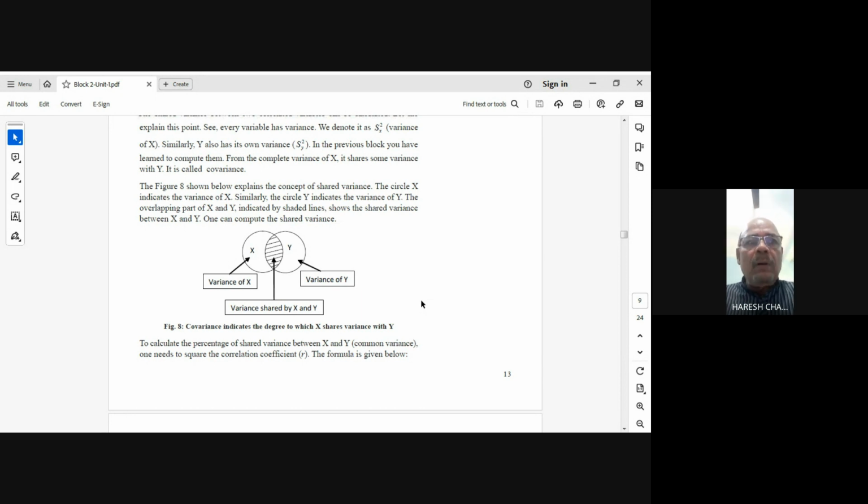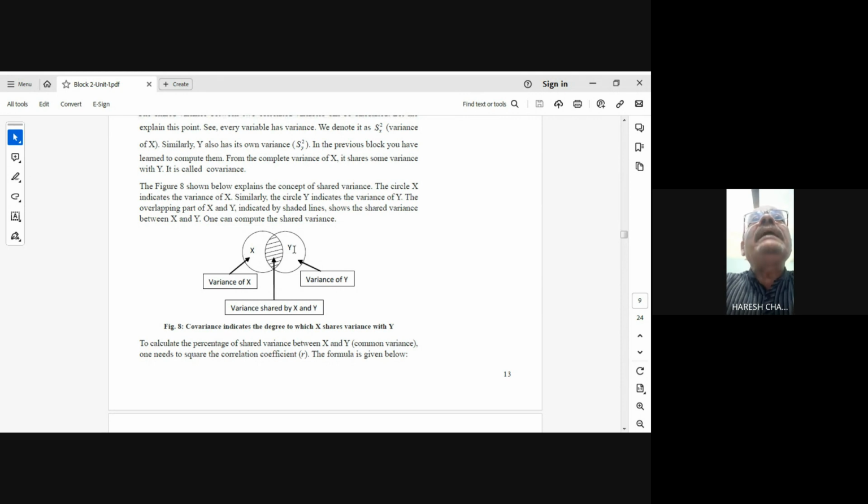Variance, you know, is to what extent the values vary within a group. In descriptive statistics you have standard deviation or variance, that you will have to know. Now covariance means x varies, changes. Supposing height will change, people will have different heights and that is x, and they have their variance.